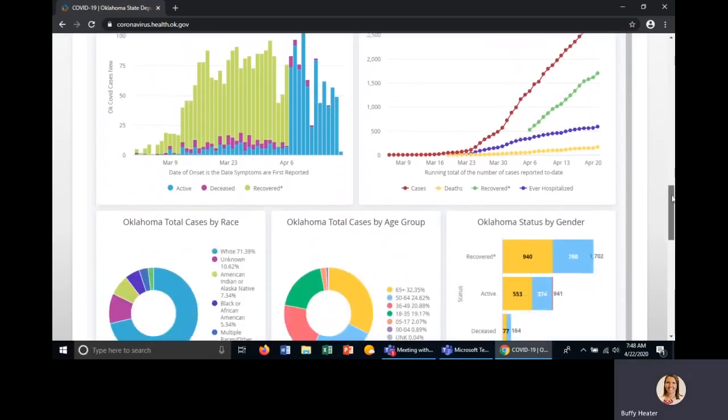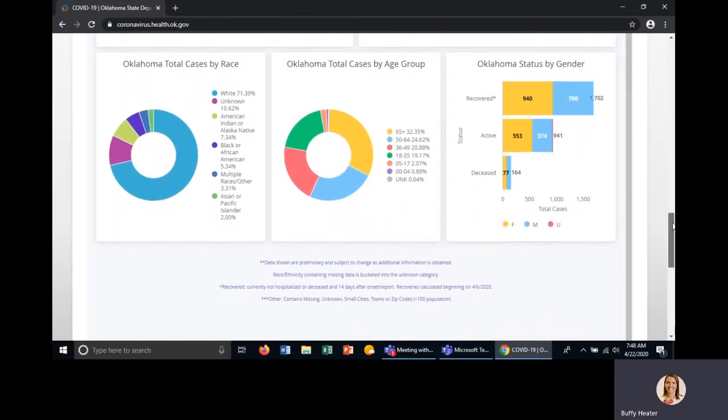As we scroll down on the page, there are additional data visualizations. The figure on the left indicates Oklahoma's total cases by race. I'll point out here for any given race, as you hover over the percentage on the right-hand side, it will highlight or light up that section of the pie chart, as well as if you hover over that section of the pie chart, you will get the actual count of people that are in that race category.